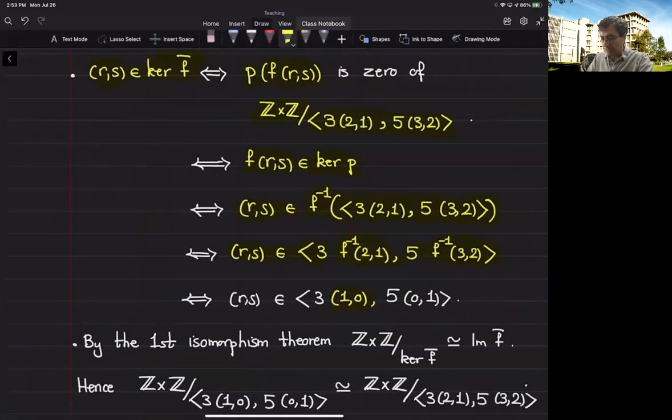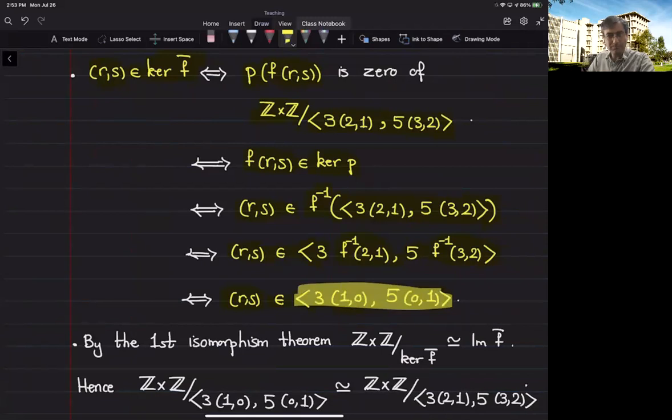So this is (1, 0) and this one is (0, 1). Therefore, this group is the group generated by 3 times this and 5 times this. And (r, s) should belong to this group. Altogether, we deduce that the kernel of F bar is this group.